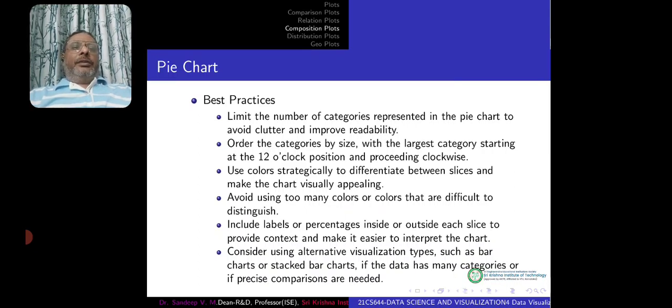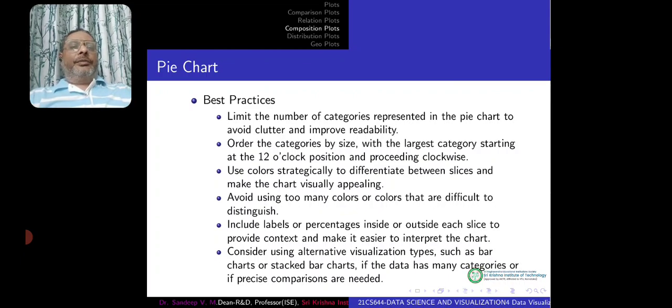Consider using alternative visualization types such as bar charts or stacked bar charts if the data has many categories or if precise comparisons are needed. The problem with the pie chart is that it doesn't give precise comparison among the categories. So if more precision is required, we can go for a bar chart.